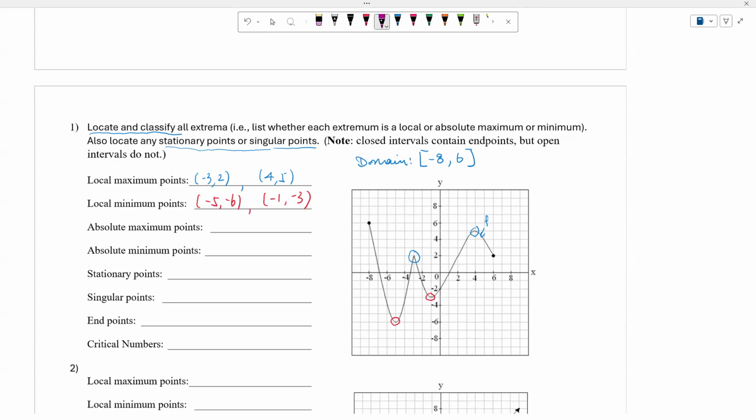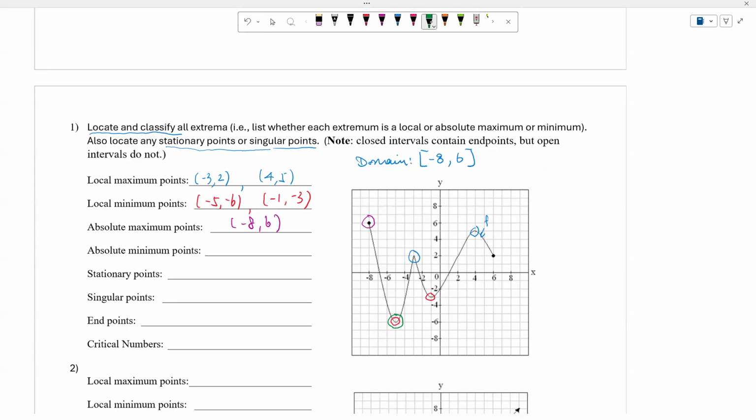Now my absolute maximum point gives me the largest output, right? That means in this case, my absolute maximum point will be (-8, 6). And my absolute minimum gives me the smallest output, right?